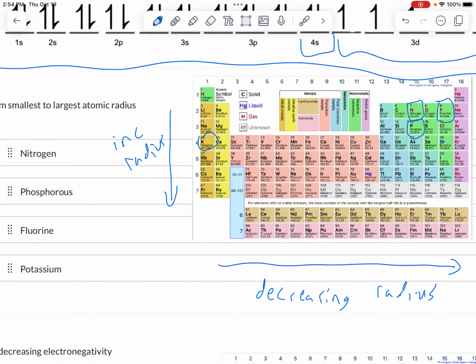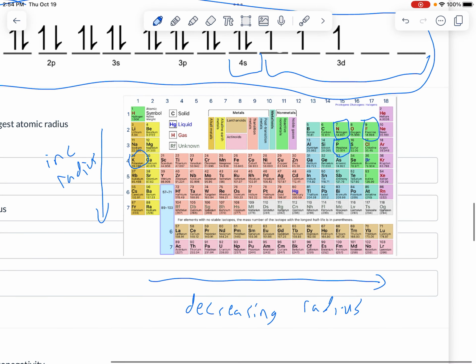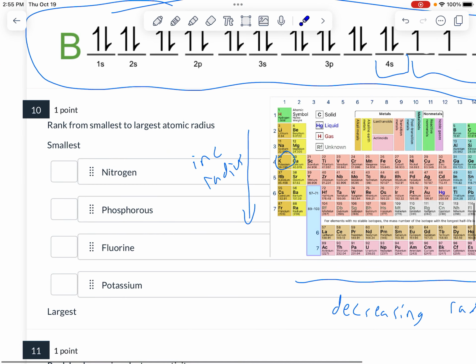If we look here now, we're trying to go smallest to largest. I remember if this is increasing, then up is smallest, right? So up here would be the smallest. So N and F are going to be small, and then they get smaller as we go this way. So fluorine is the highest up and farthest to the right. That makes it the smallest. So fluorine would be number 1, at the top.